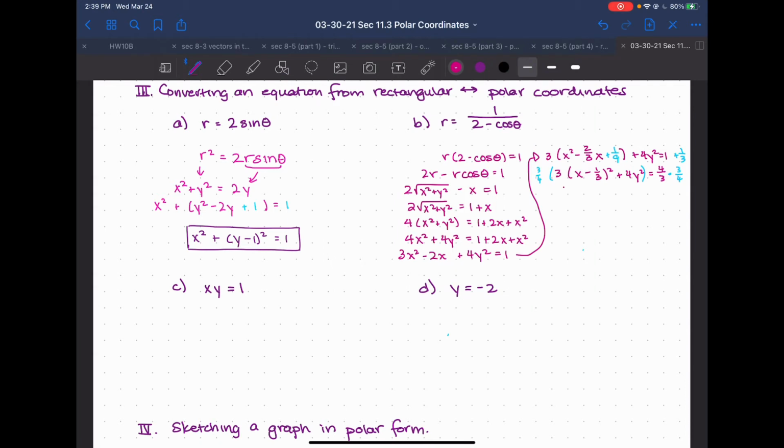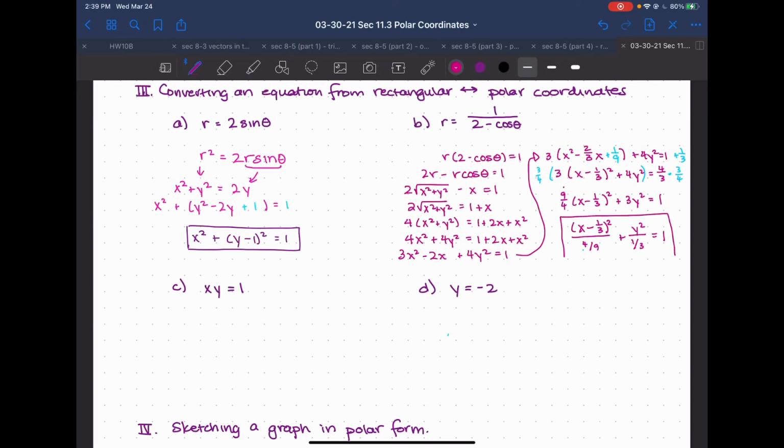So I'm going to wind up with 9/4 times (x minus 1/3) squared plus 3y squared equals 1. Or I could think of it as (x minus 1/3) squared over 4/9 plus y squared over 1/3 equals 1.